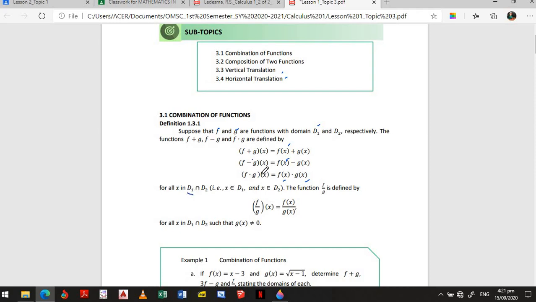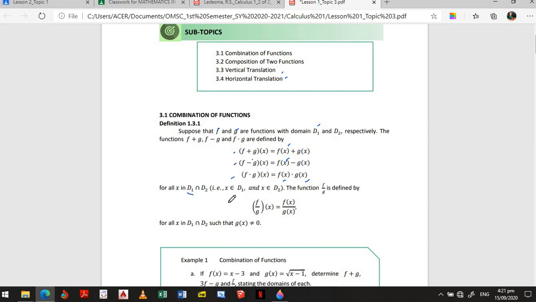Kapag common elements gani, yun siya ang ating tinatawag na the intersection. So the intersection of domain 1 and domain 2, that is the intersection of the domain of f and the domain of g, is the domain of the combination of our two functions.